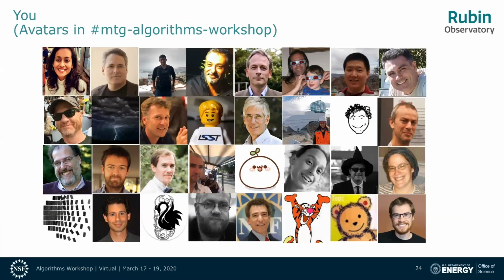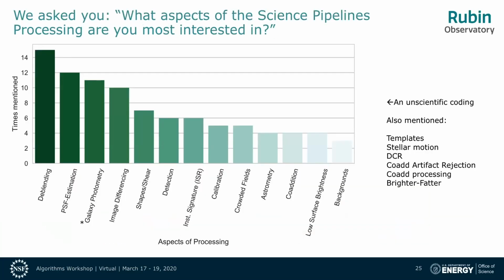When we first sent out the Google form for expressions of interest, we asked what aspects of the science pipelines processing are you most interested in? These are the results. And your interests aligned quite well with the aspects that we found challenging as well.